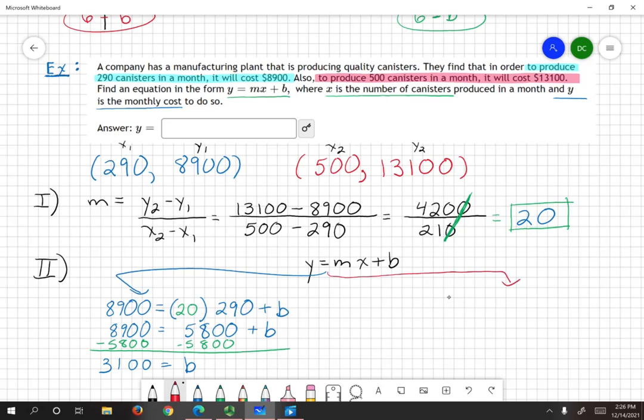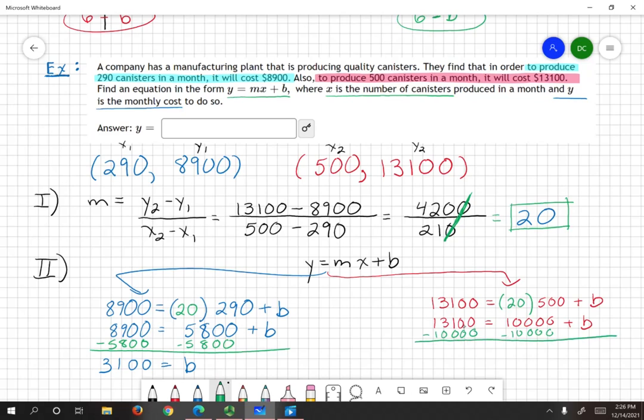So now I'm going to use the other ordered pair. y, or 13,100, equals m, which is 20, times x, which is 500, plus b. 13,100 equals 10,000 plus b. If I subtract 10,000 from both sides, guess what I get? Did you guess?